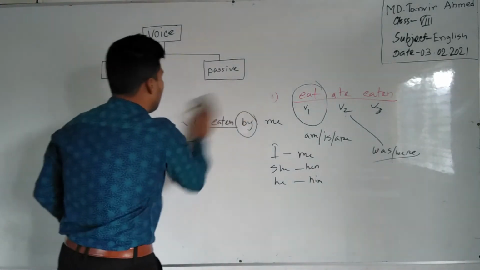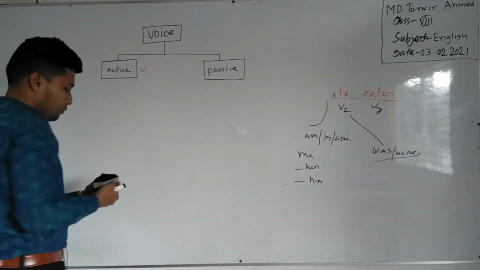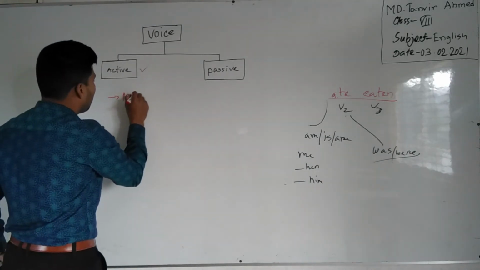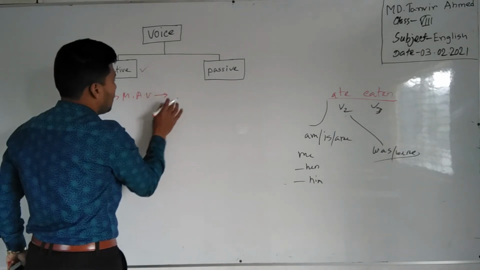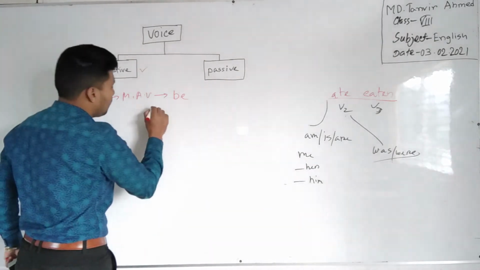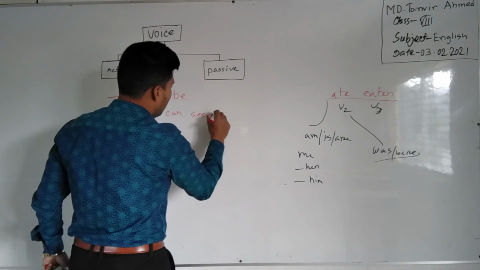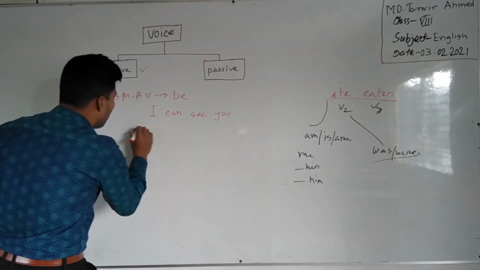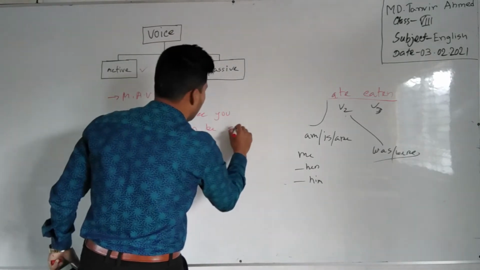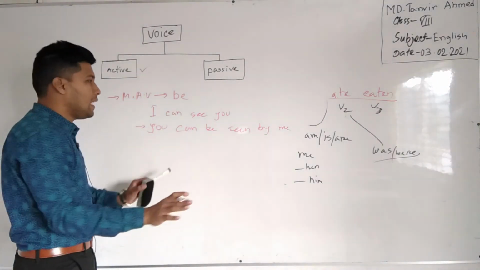So I will give you another two shortcuts. If there is a modal auxiliary verb, just for that I have to write down "be," like "I can see you." So what will be the answer? "You can be seen by me." Okay, this is very clear.